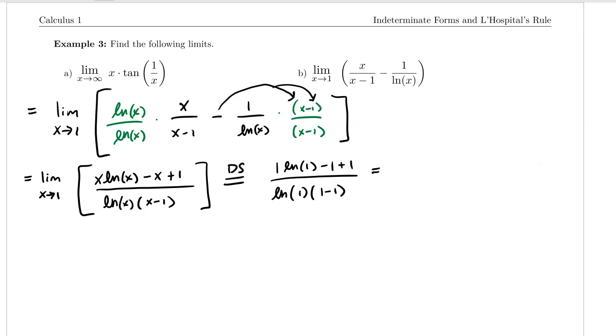So essentially, if you simplify this, we're going to get 0 over 0. And that's one of the indeterminate forms that we want. So let's go ahead and use L'Hopital's rule now.